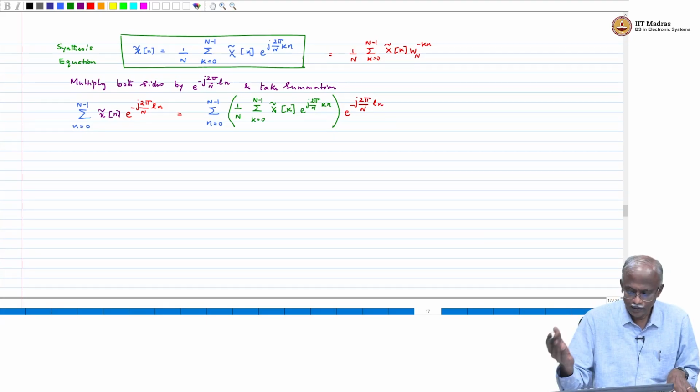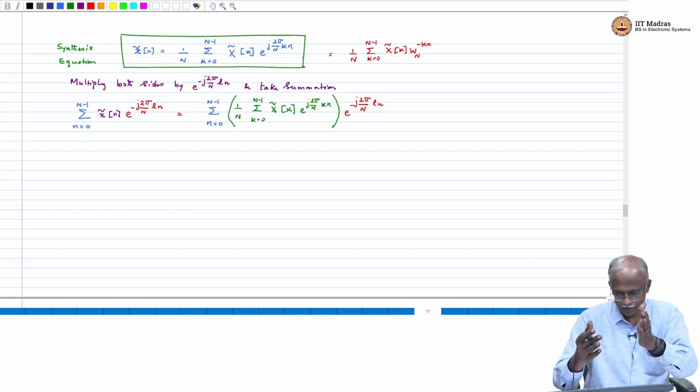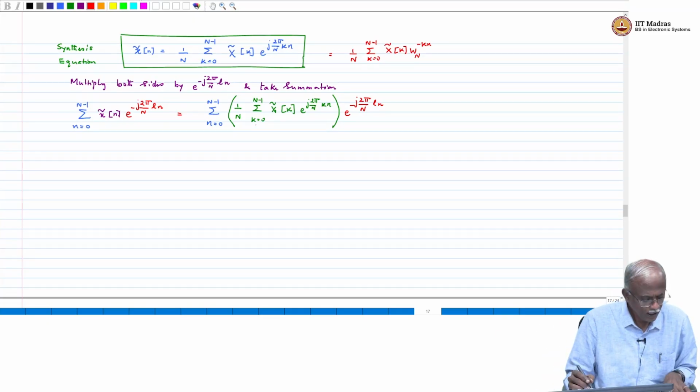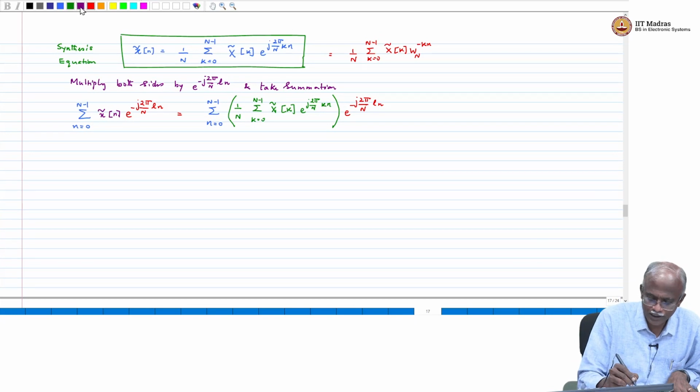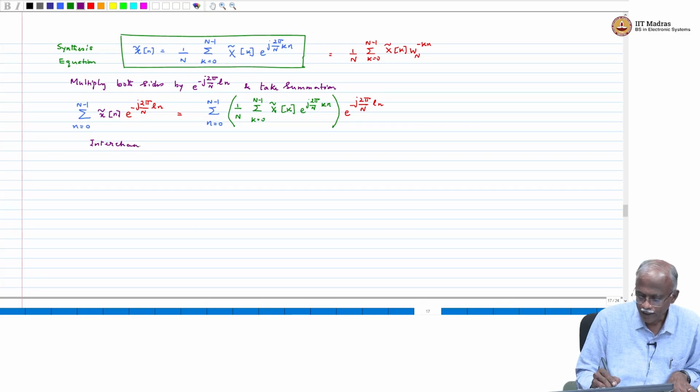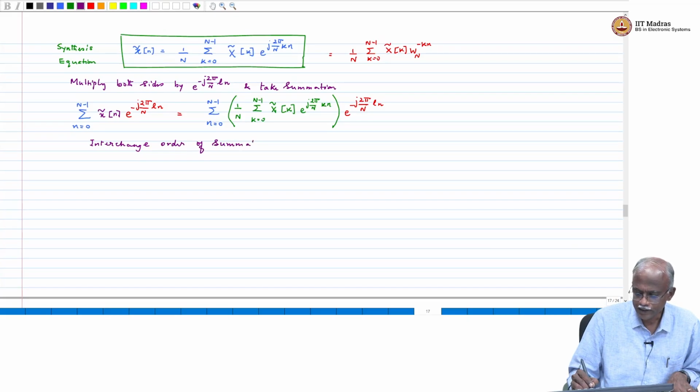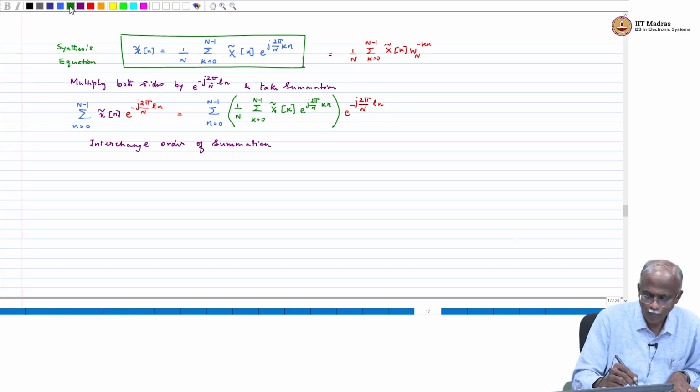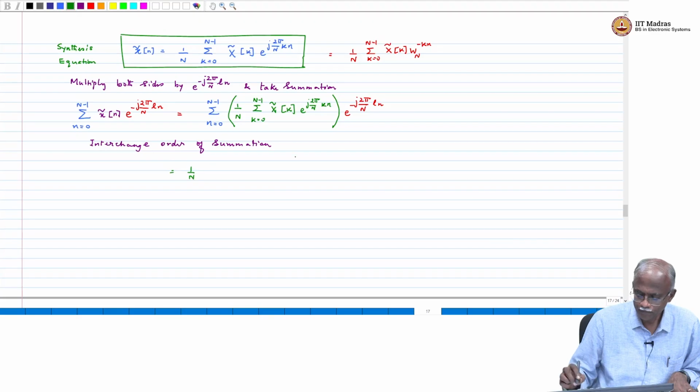Now simplify the terms and interchange the order of summation. Interchange the order of summation n and k, then what we get is a very interesting result, which says 1 over N summation k equal to 0 through N minus 1 x tilde of k, and the inner summation is over n.